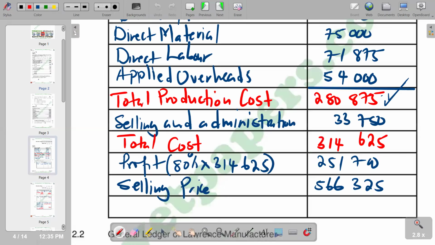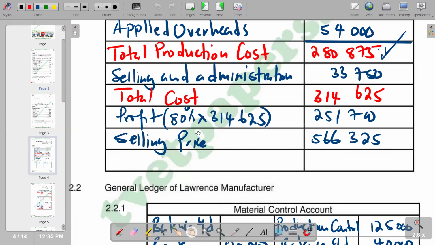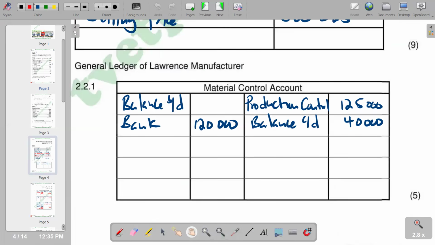So we move on to the next account, which is material control. On material control, we are going to find the balance BD as the balancing figure, as the CD is already given. So 125,000 plus our 40,000 is going to be the bigger total.